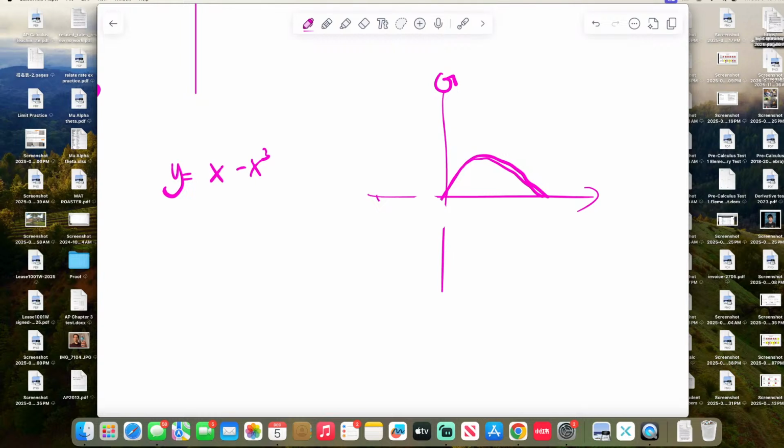Wait, but we don't know what the boundaries are though. It's 0 to 1, because if you factor it, you find out the x inside. It's easy actually.